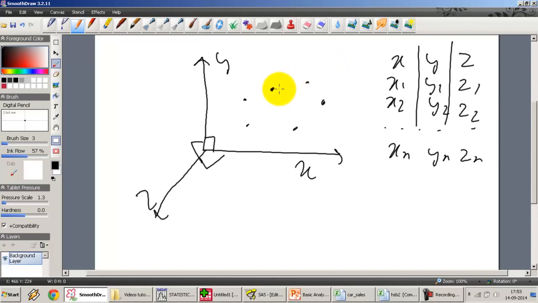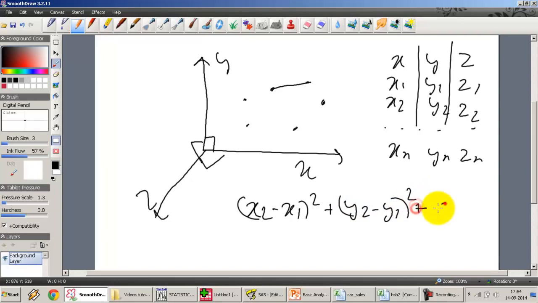And again, I can apply the distance formula if I want to figure out the distance between any 2 points, and it's going to be the same. So if I scale up the formula, it simply becomes the square root of (x2 minus x1) whole square plus (y2 minus y1) whole square plus (z2 minus z1) whole square, right? So the distance formula, or the Cartesian formula, can actually be projected onto 3 dimensions.